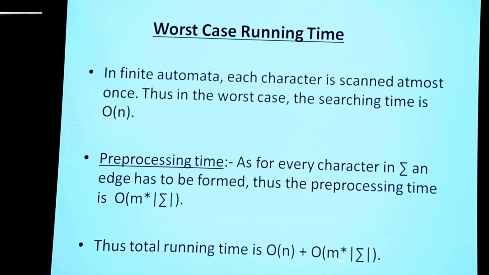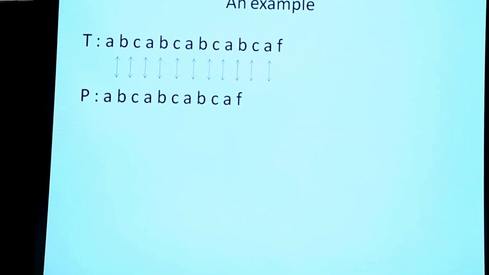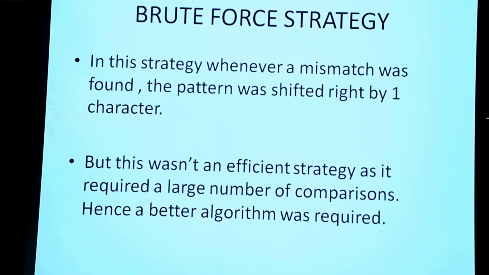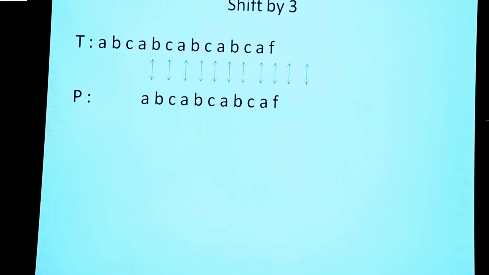This is the pre-processing time, m times the size of the pattern times the size of the alphabet. We discussed what is the size of the finite automata, that's exactly that time. So this I've already explained.